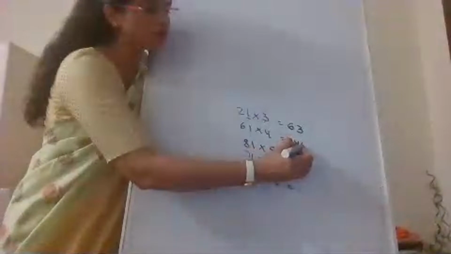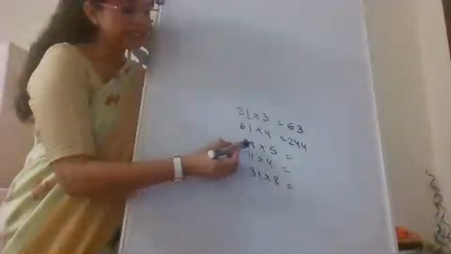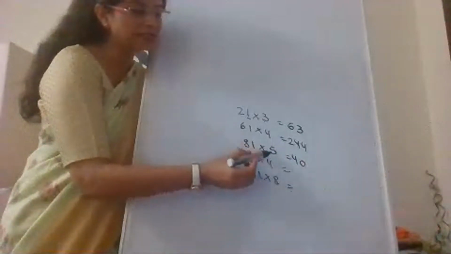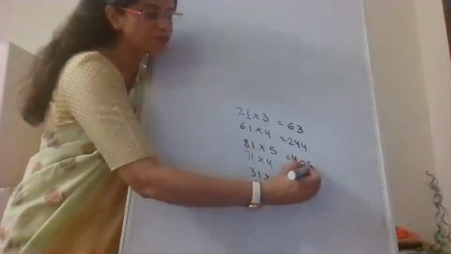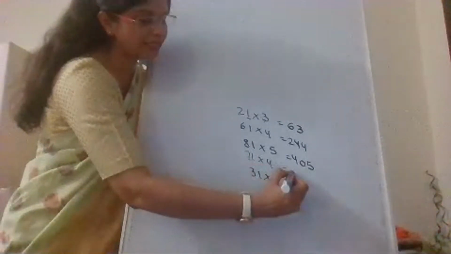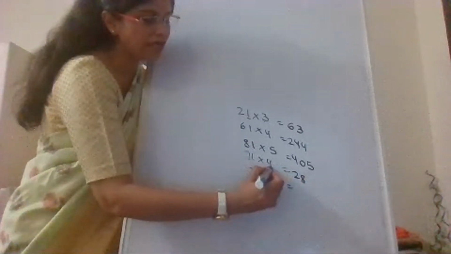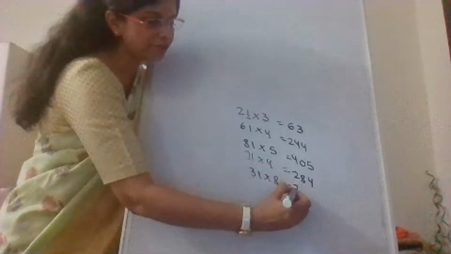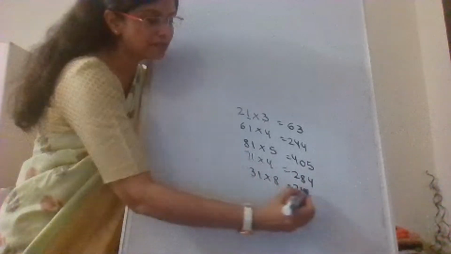So 244. 8 times 5 is 40. And your answer will end with this number, 405. 7 times 4 is 28. And the answer will end with 4. 3 times 8 is 24. And the last number will be 8.